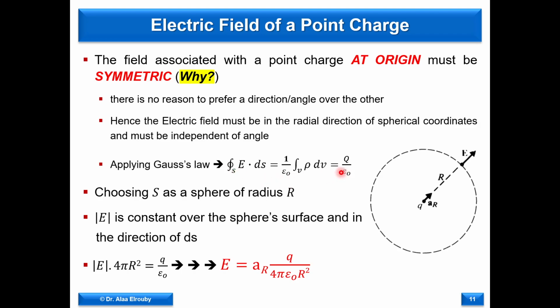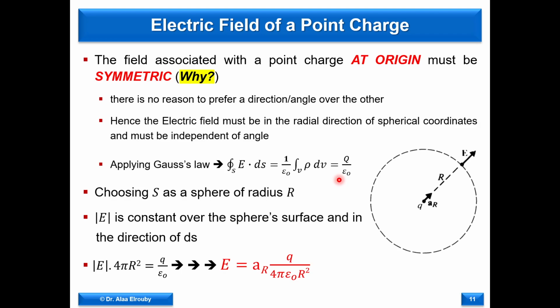This is true, but it's not useful. Why? Because on the surface of those six faces of the cube, the electric field is not constant. There is no symmetry for the electric field. So we know Gauss's law is valid because it's a law, but we can't benefit from it.